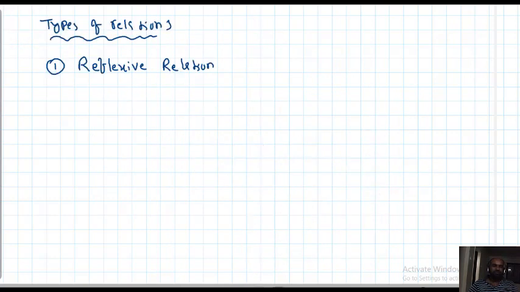So observe, students. The first one is types of relation. First, reflexive relation. First of all, I want to write a definition.